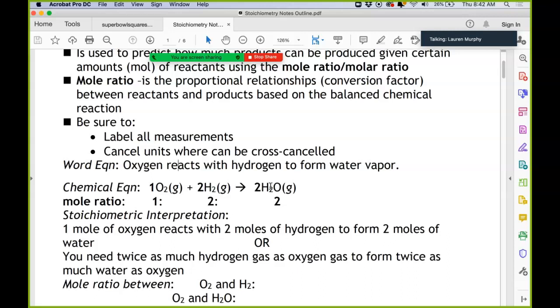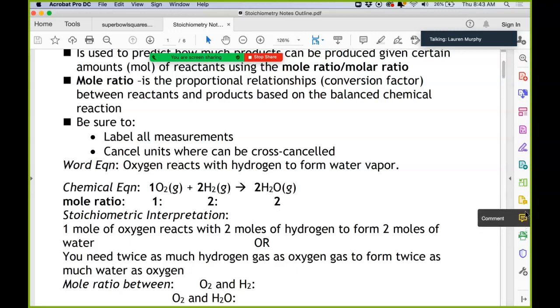So this is the same thing. In order to have this reaction work, for every 1 mole of oxygen, you need double or twice as much hydrogen to get these 2 moles of water out. If you don't, then you won't be able to produce as much water as expected. This is how they react and the ratios at which they react.